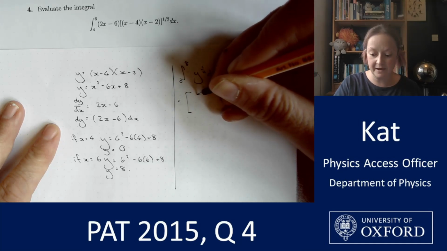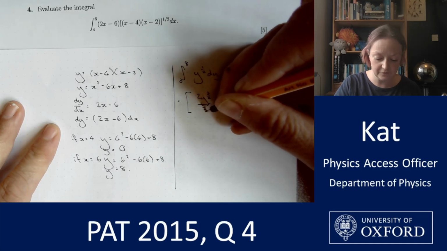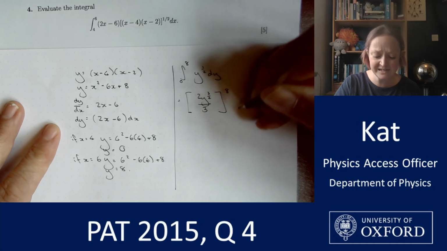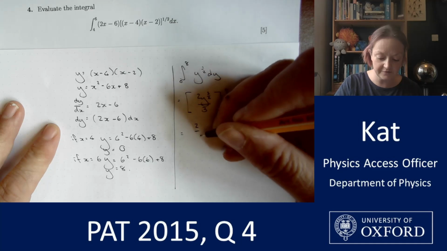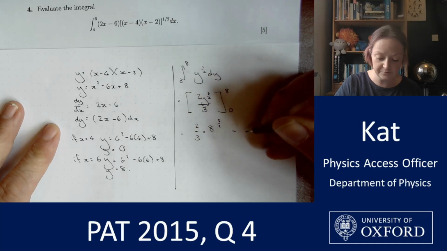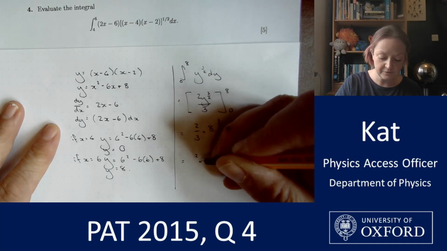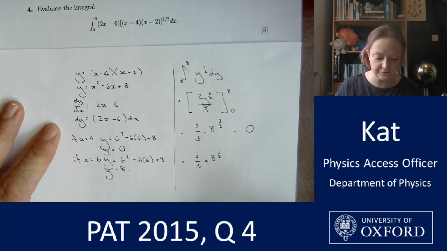And that's going to come out to 2y to the 3 over 2 all over 3 between 8 and 0. If I substitute those through, I'm going to have 2/3 of 8 to the power of 3 over 2, take away 0, which is 2/3 of 8 to the power of 3 over 2.